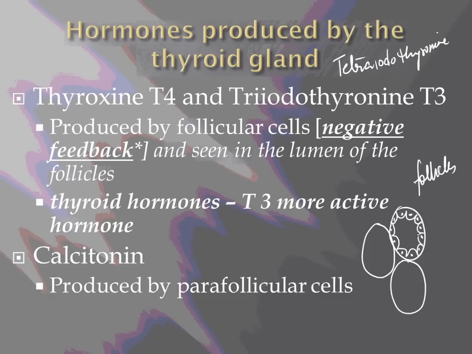And it is these follicular cells which produce T3 and T4. And as we'll see, these are blood vessels up here. So this is a blood vessel. So iodine is present in the blood vessel. This iodine is kind of trapped by these follicular cells and then taken into the lumen of the follicle.